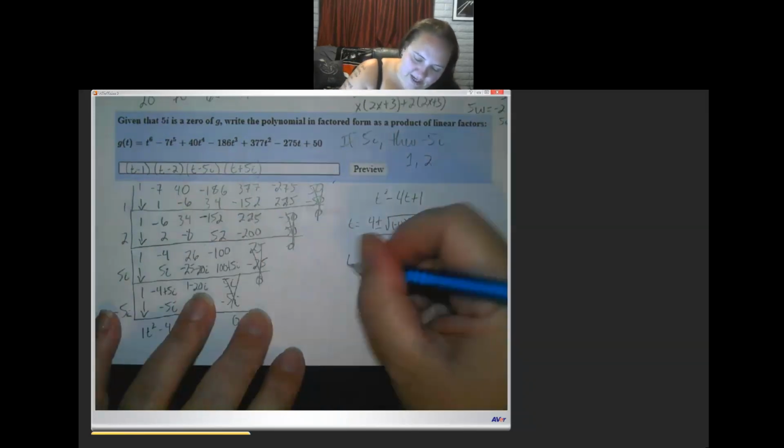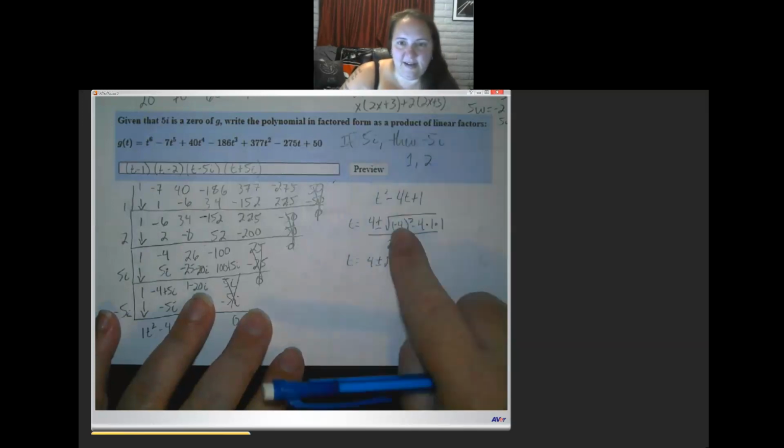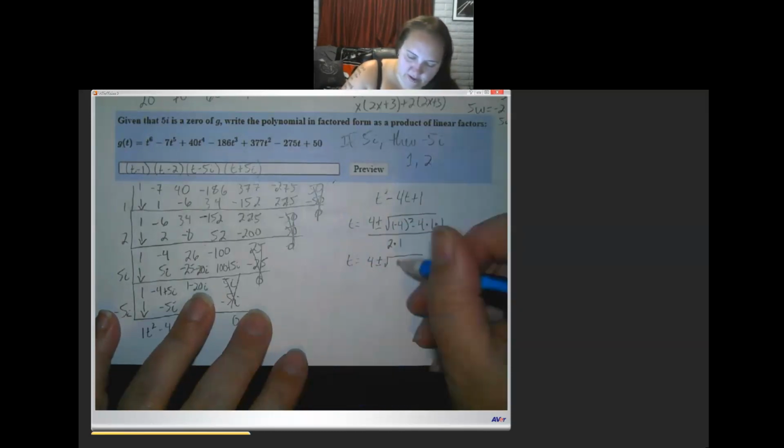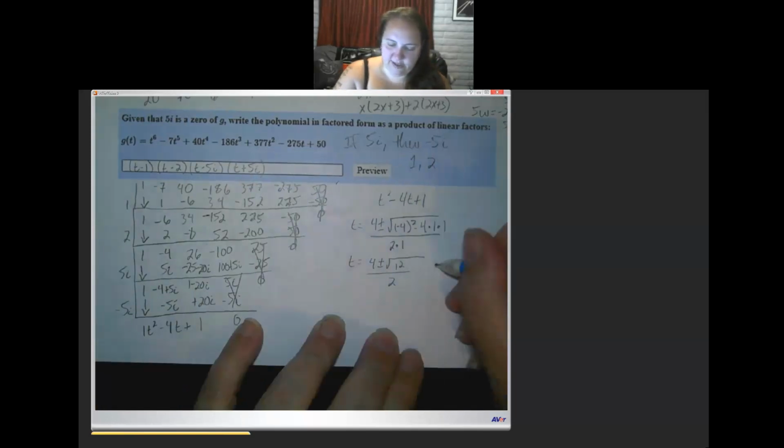So that's going to be 4 plus or minus the square root of 16 minus 4, so that's 12. 12 reduces because the square root of 12 is the same as the square root of 4 times the square root of 3. So that's 2 rad 3.